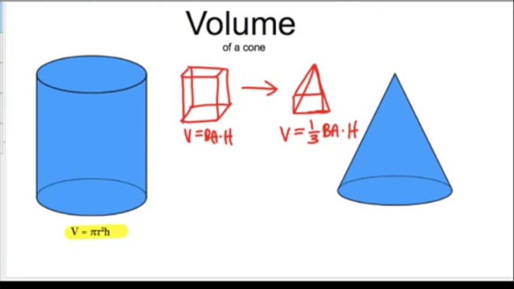That relationship holds true between cones and cylinders. So that what we will see is that the volume of a cone is going to be 1/3 pi r squared h, or 1/3 of the volume of a cylinder with similar radius and height.